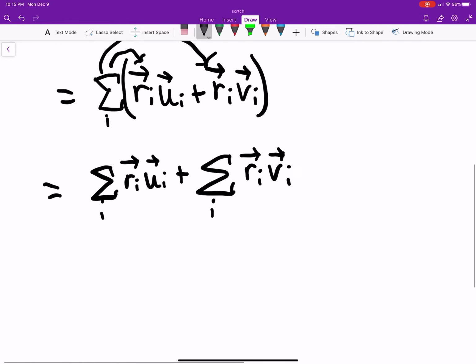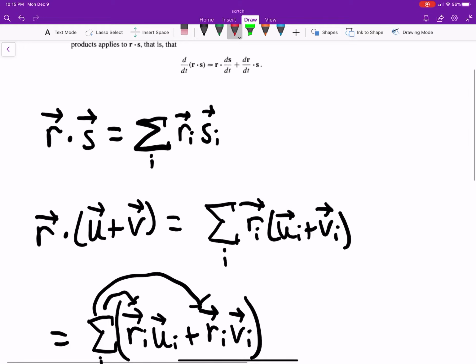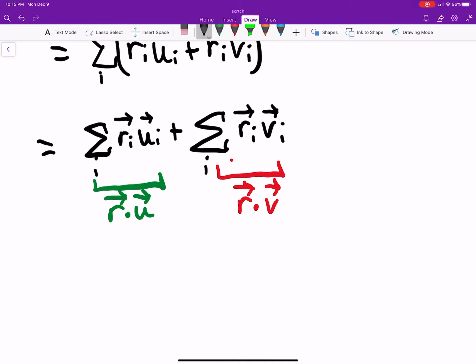Well, this is really just r dotted with u. And this is just r dotted with v, right? Based off our definition at the top, those are just the dot products.